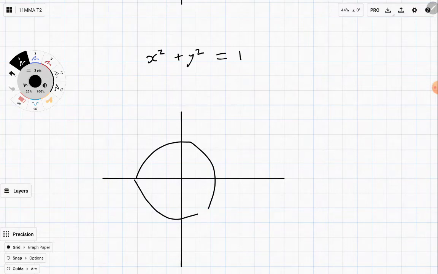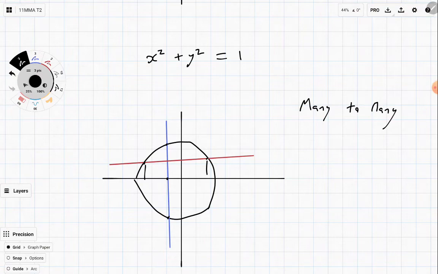Now this actually fails both tests. It fails the vertical line test and it fails the horizontal line test, meaning that for one input, there are many outputs, and for the one output, there are many inputs, meaning this relationship is called many to many. And this is indeed a relation.